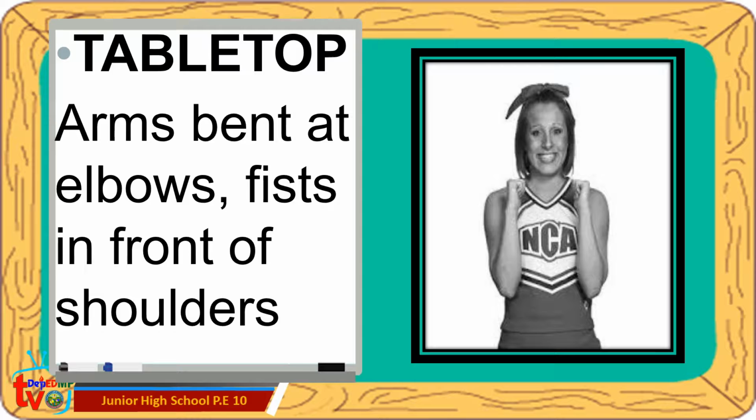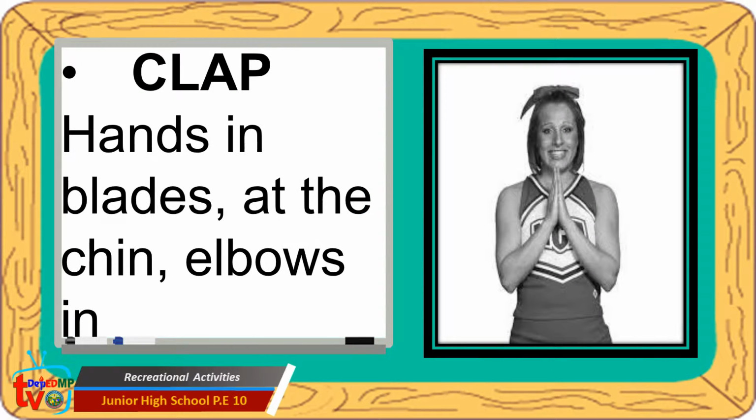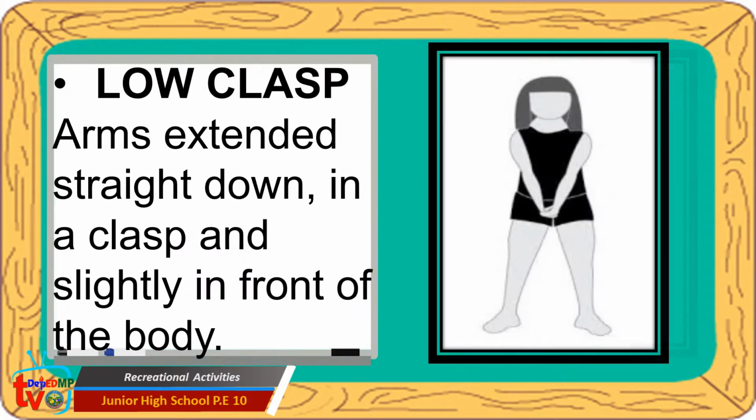Tabletop: arms bent at elbows, fists in front of shoulders. Clap: hands in blades at the chin, elbows in. Low clasp: arms extended straight down in a clasp and slightly in front of the body.